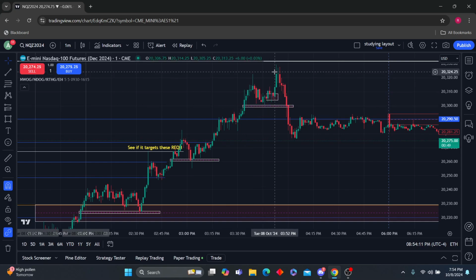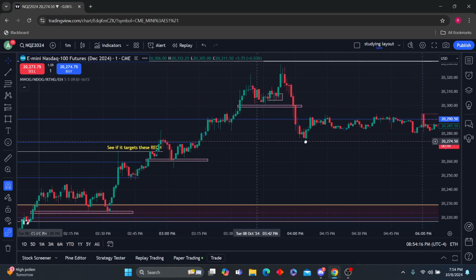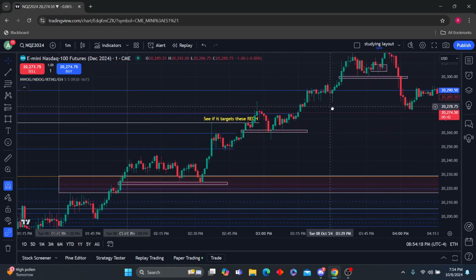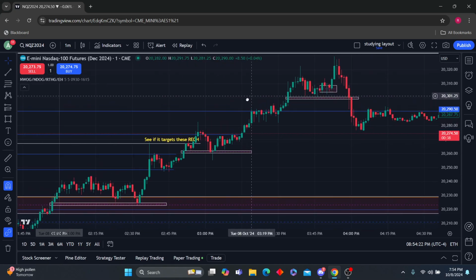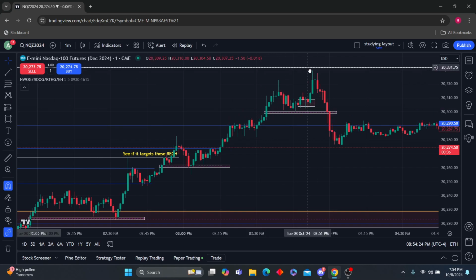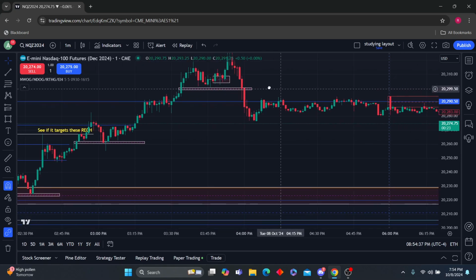Come back down. Up again. Liquidity. Doesn't. What's it do? Close above. Target would have been up here. It doesn't. So it reverses down. Breaks this swing high. Does it close above the swing high? No. Goes low. Stays low.